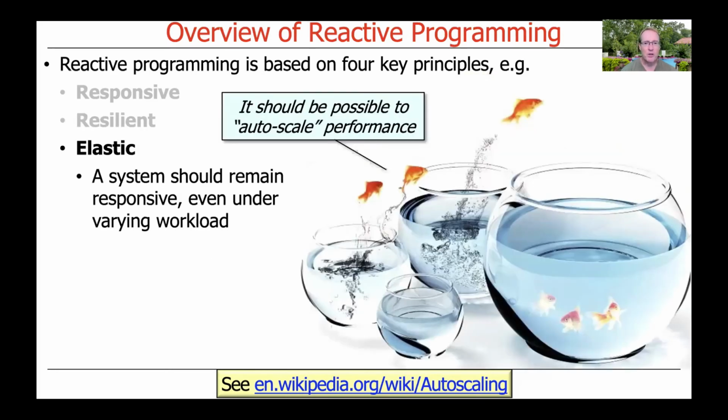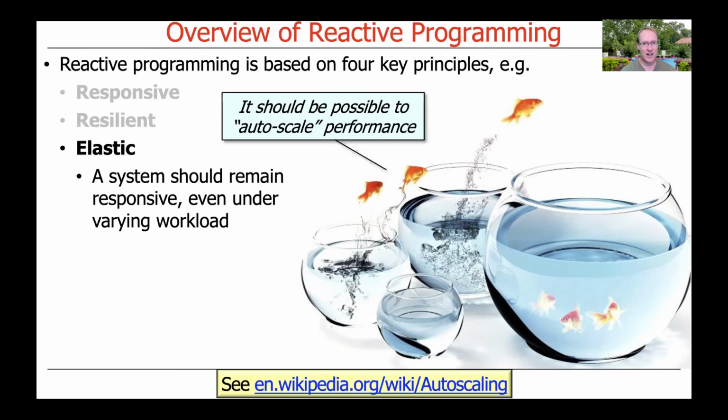Yet another important principle that underlies the reactive programming paradigm is the concept of elasticity. What that means is the system should remain responsive even when the workload varies. Another way of looking at that is commonly referred to as auto-scaling. You want to be able to add new cores, add new computers in some cases, and so on, in a way where as the load goes up, the resource utilization goes up.